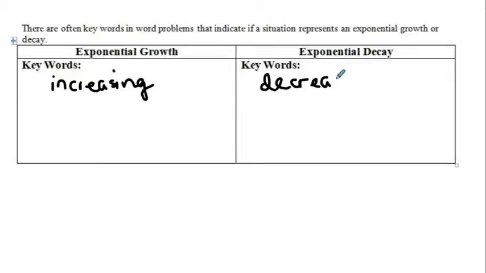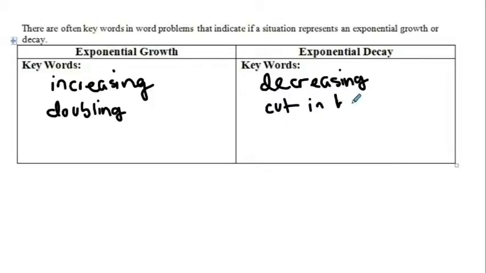Is it increasing at a rate or is it decreasing at a rate? If it's decreasing, you're decay. If it's increasing, you are growing. Things like doubling. If a population or something is doubling, that's going to be an exponential growth problem. Likewise, if something is being cut in half, and I don't know if you guys are there in science yet, it's more of a chemistry thing, but you deal with half-life.